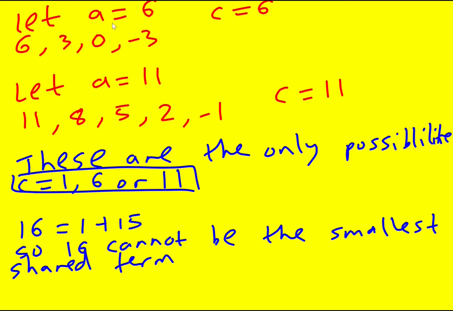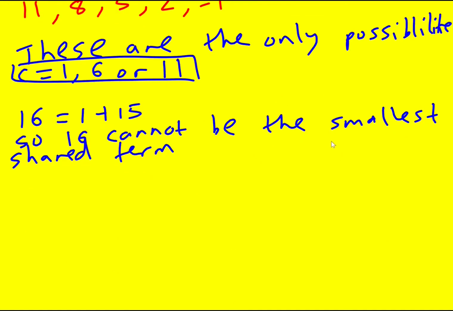And for me, the hard part here was kind of justifying and explaining why no other number can be the smallest shared term. And I'm taking a nice bit from the answers here. So let x be a shared term.